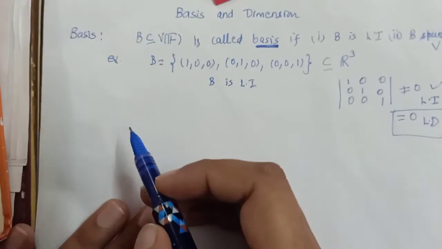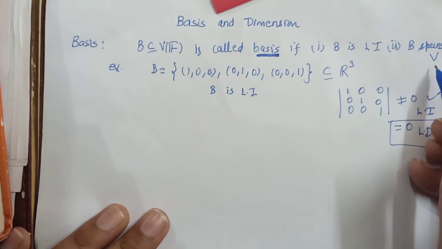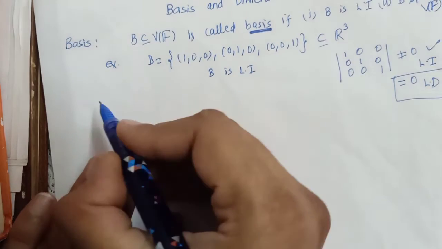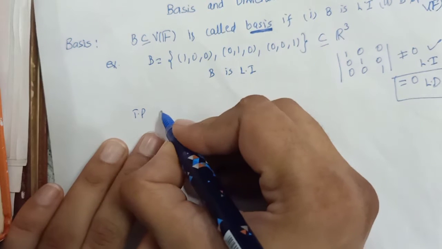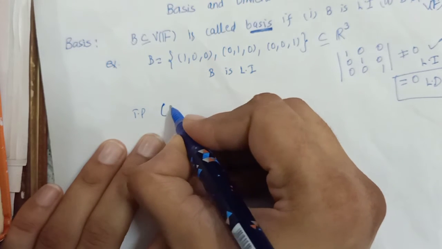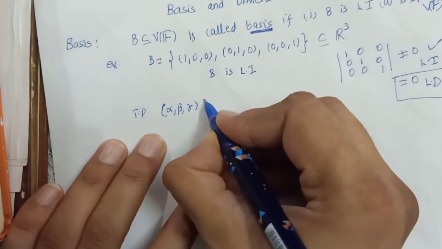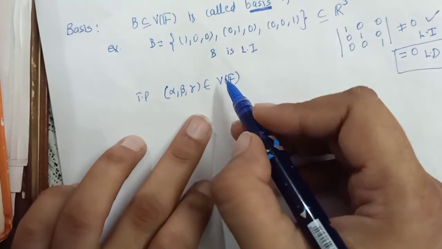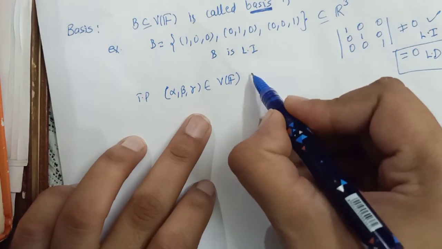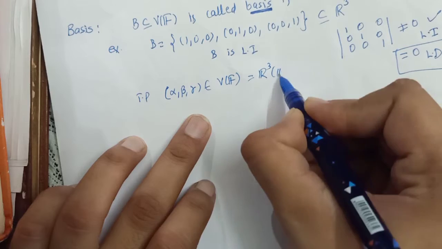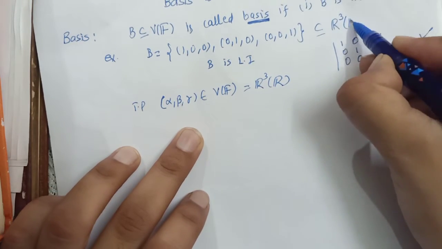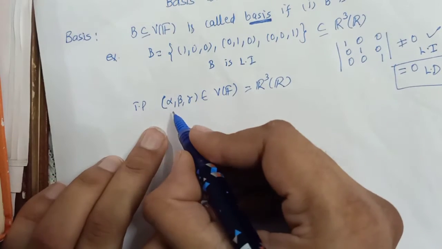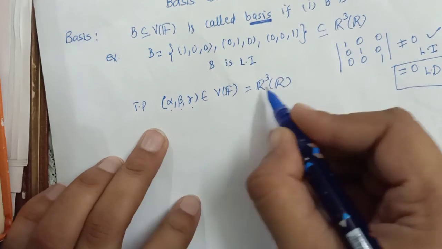Now I have to show that B spans the vector space V. So in order to show this, what do we need to prove? We need to prove that if I take a general element, let me call it (alpha, beta, gamma), from this vector space V over F, which is now R cube over R in our example. I have taken the vector space of triplets of real numbers over real numbers, so alpha, beta, gamma are real numbers.